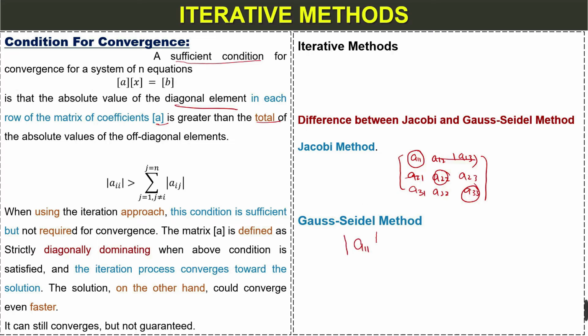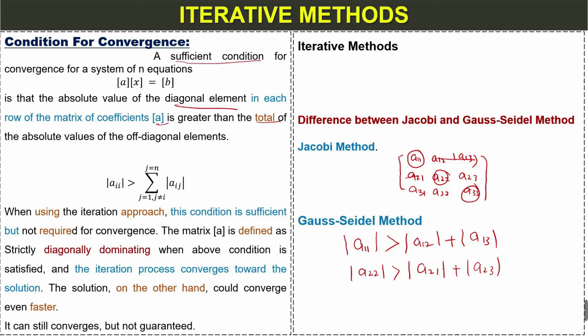The absolute value of the diagonal element should be greater than the sum of the absolute values of the off-diagonal elements. Similarly, for this row, a22 should be greater than a21 plus a23. This is the sufficient condition for the convergence of the iterative methods.